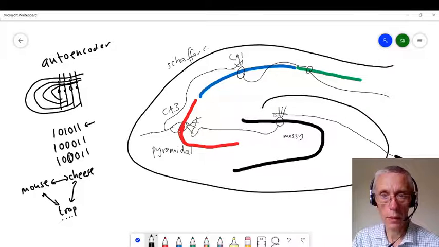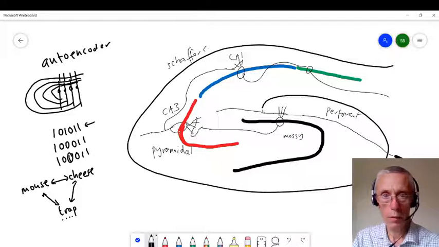And we also said that there's this direct pathway from the perforant path onto these cells as well.